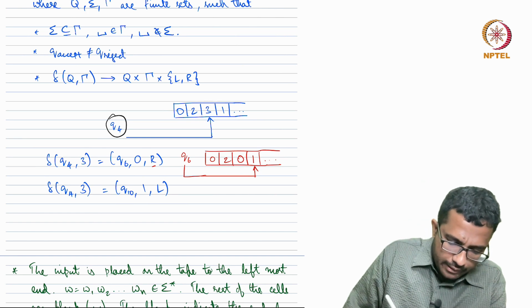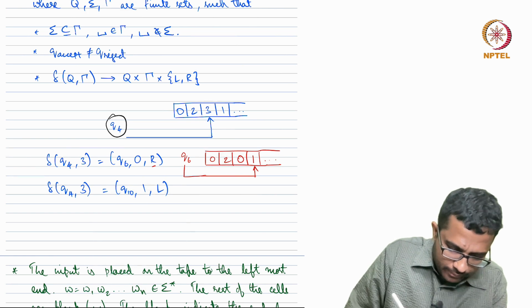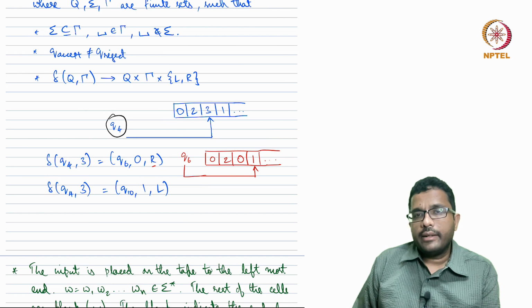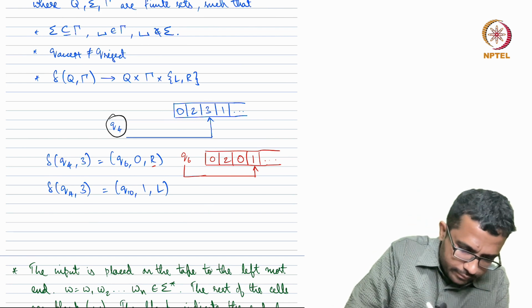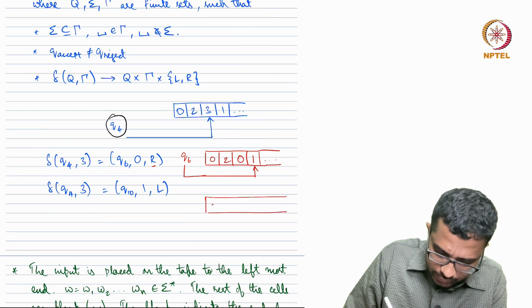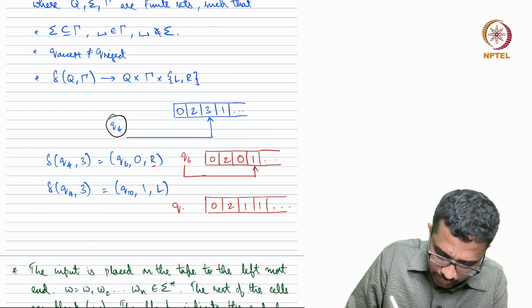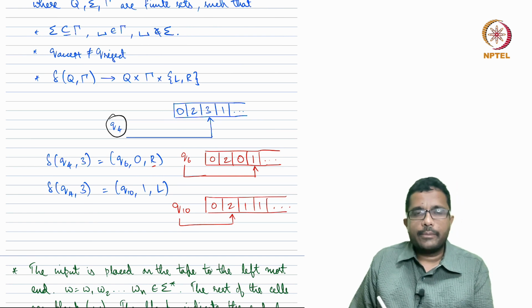If instead the rule was this, which means to go to state Q10, write 1 and move left, then it would have been 0, 2, 1, 1, and Q10, and you move left, so you were pointing to the third location at the number 3.